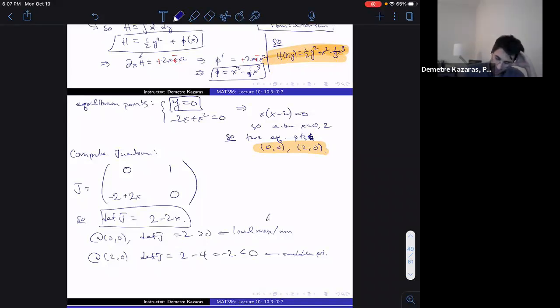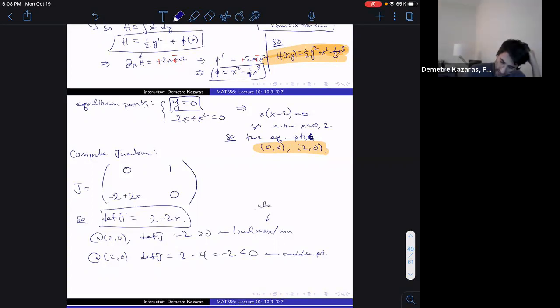But let's just figure out if this is a max or min of h. Once you know you have a critical point where the determinant of the Hessian is positive, then you just need to figure out is it a local max or min. You could see that by taking, say, either of the second pure derivatives, and the sign of that will tell you if it's a max or min.